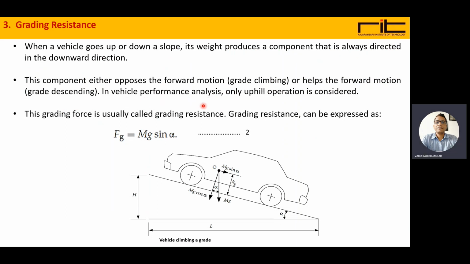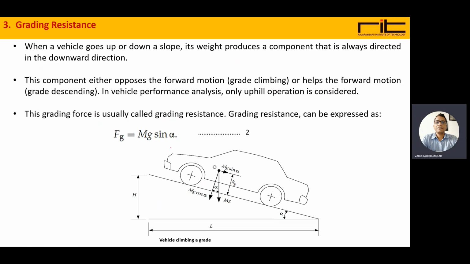In vehicle performance analysis, only uphill operation is considered. So in the uphill operation, you can see this is opposing the vehicle movement if the vehicle is moving on this. So mg sin alpha is exactly opposite to the vehicle direction.